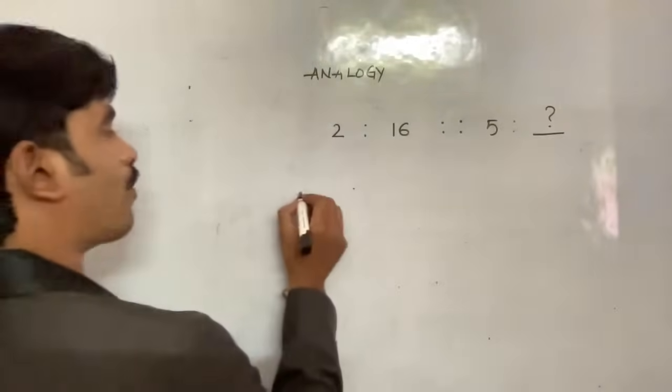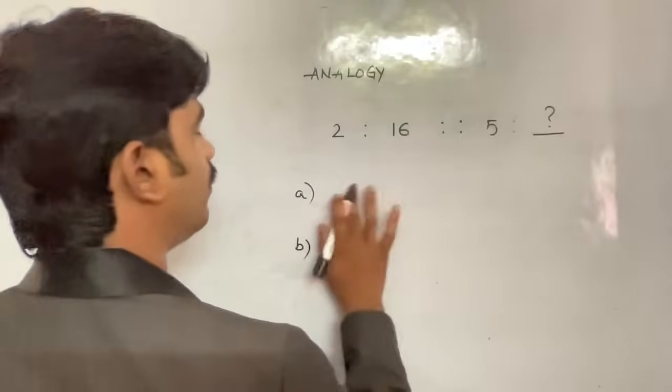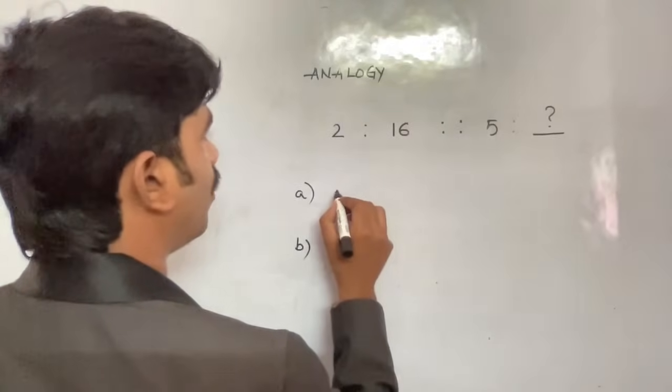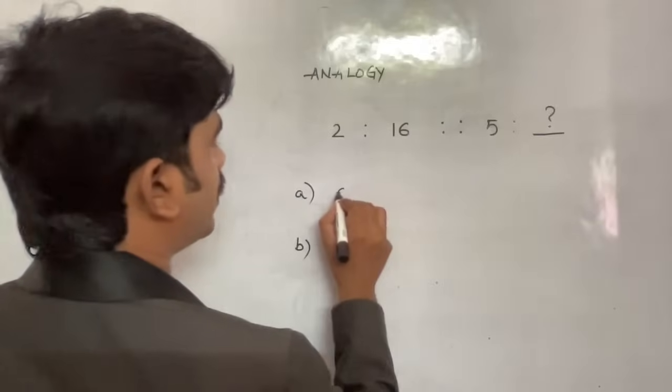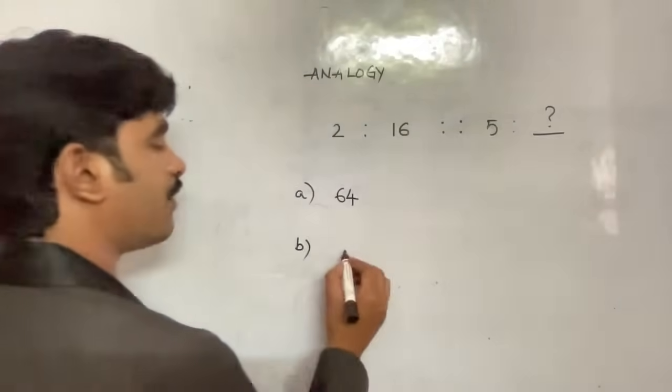So we have option choices here. The first option is given as 64.